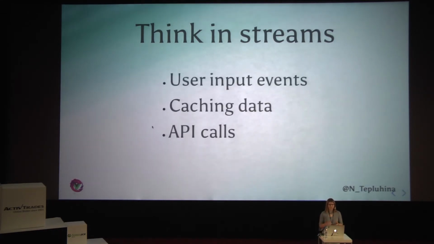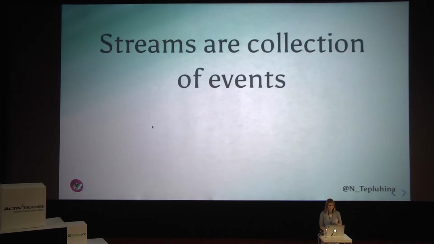Caching data, API calls, tweets. Tweets is a nice example because you have a feed, you have a collection of events where tweet is exactly an event. And you can react to them, you can like them, retweet, you can subscribe, you can work with them. So streams, as I said, are a collection of events.